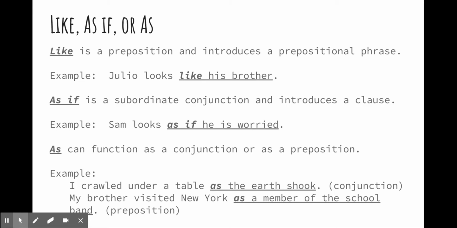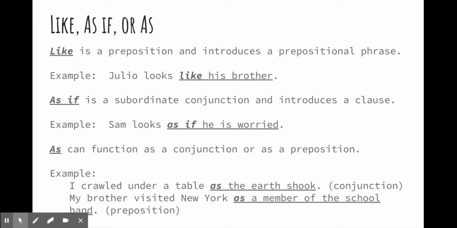Now, the other one in this category is as. Now, as can function either as a conjunction or a preposition. So that might be a little bit confusing, but either way, as is going to be the correct choice, regardless of what follows it. So I crawled under the table as the earth shook. In this case, it's acting as a conjunction because the earth shook is a clause.